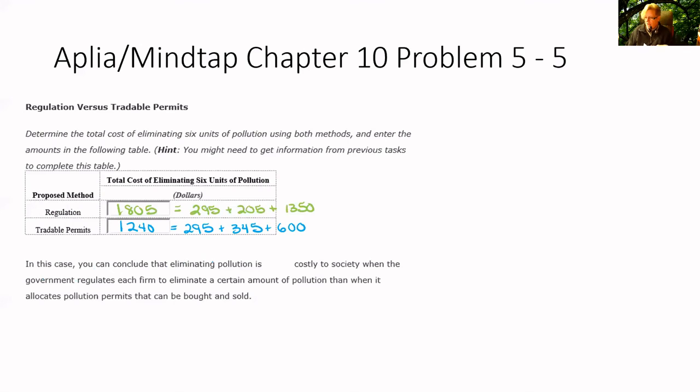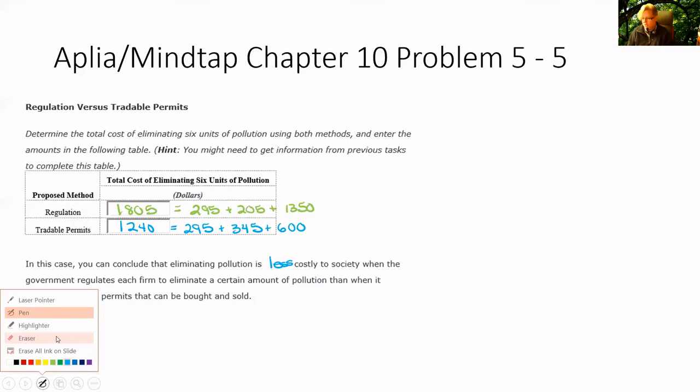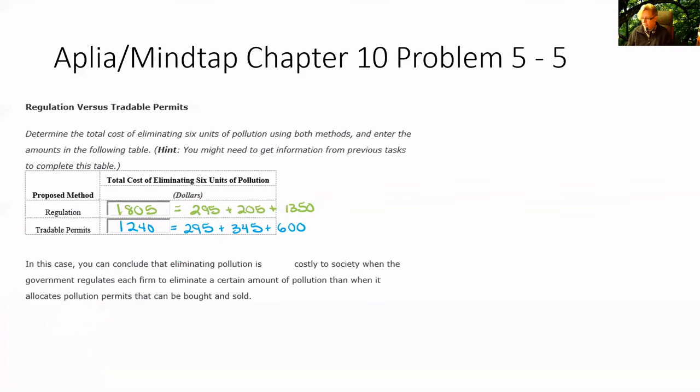Okay, so you can conclude that eliminating pollution is less costly to society when the government, I'm sorry, I should have read the question. It's actually more costly. It's always going to be less costly when we use marketable pollution permits. So that's just a kind of a clue there. If it's asking you, in this case, they're asking us about when the government regulates. Government regulation is always going to be more expensive. That's just kind of a pat answer for this.